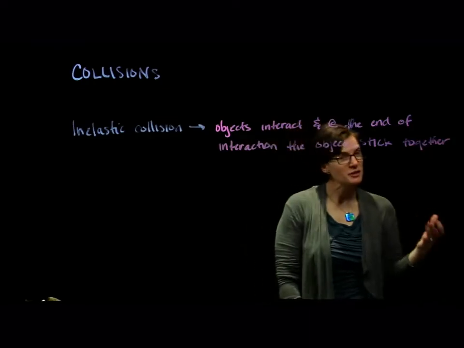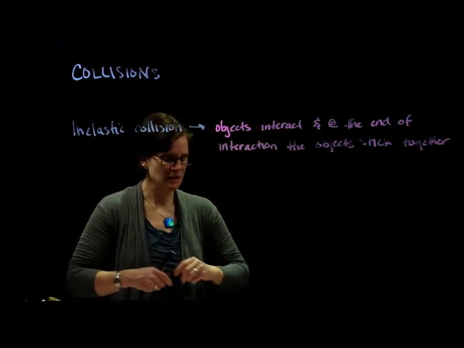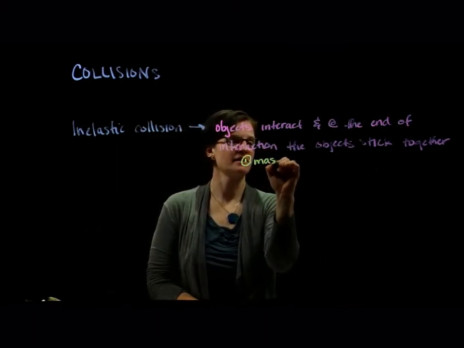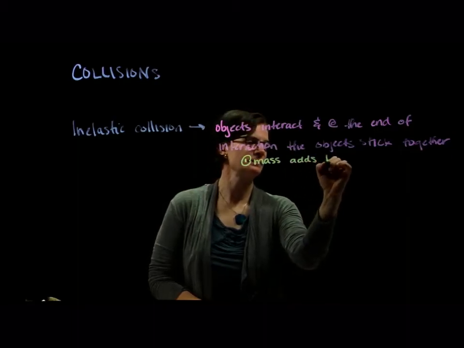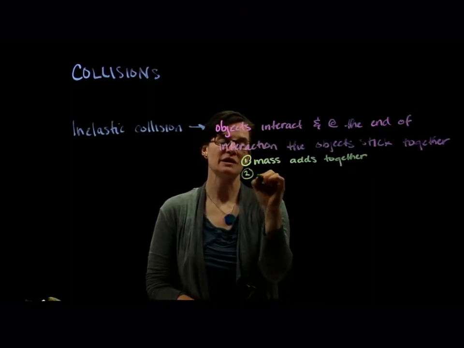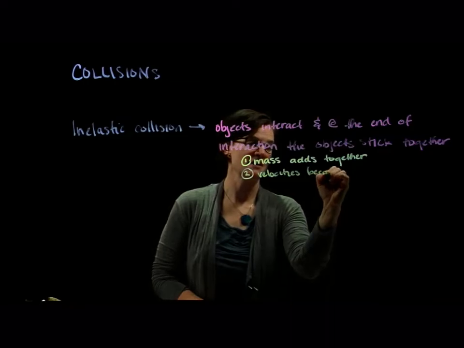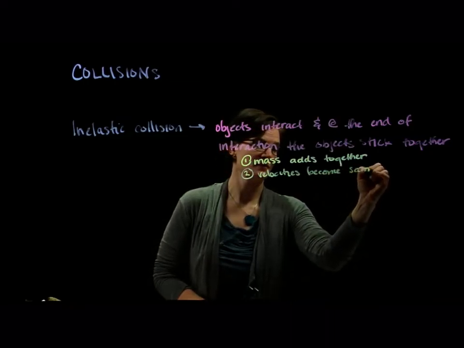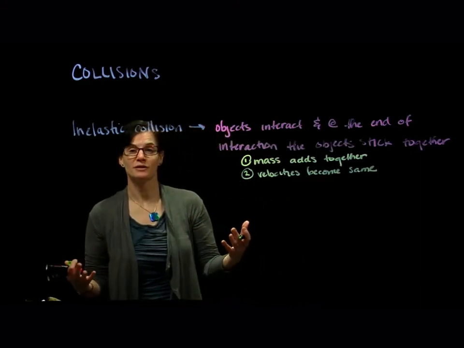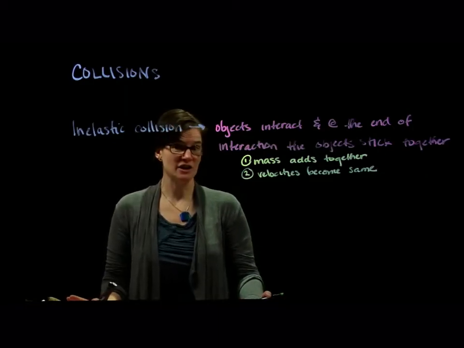Now, what's sort of special about one unit is, when we look at how to analyze collisions, we notice two things. One, their mass adds together. And two, their velocities become the same. So a glob of clay might have an initial velocity and another glob of clay might have an initial velocity that are different.